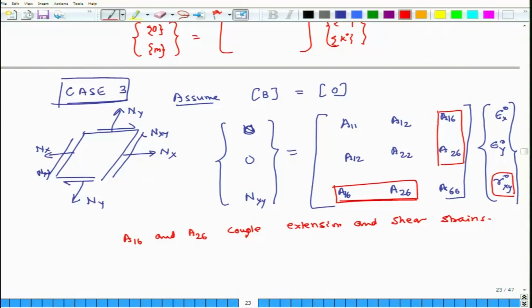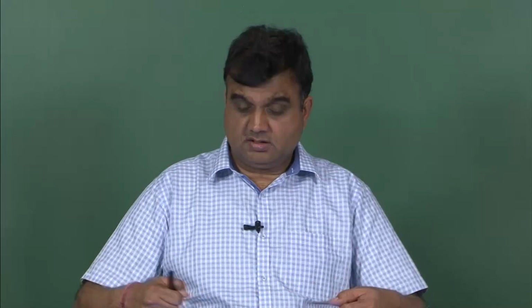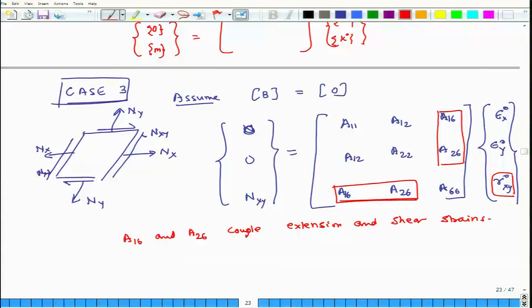So, even though I am applying pure shear forces on the plate, it is not only experiencing shear strains, but it is also getting stretched and compressed. That is why A16 and A26 are extensional shear coupling coefficients.